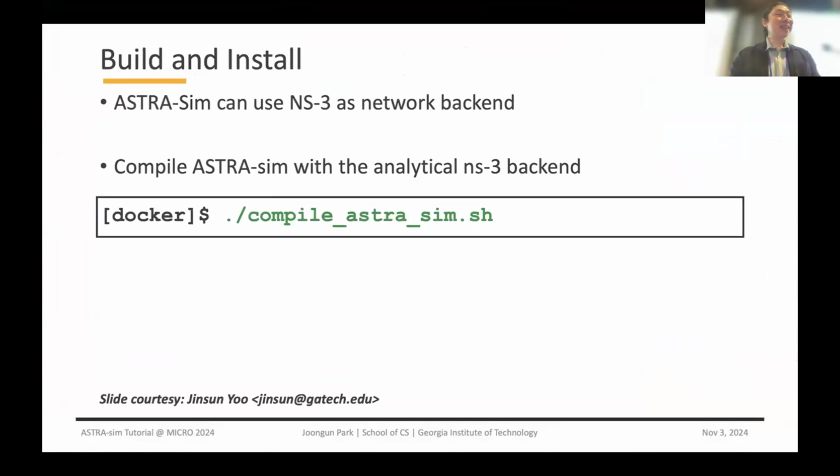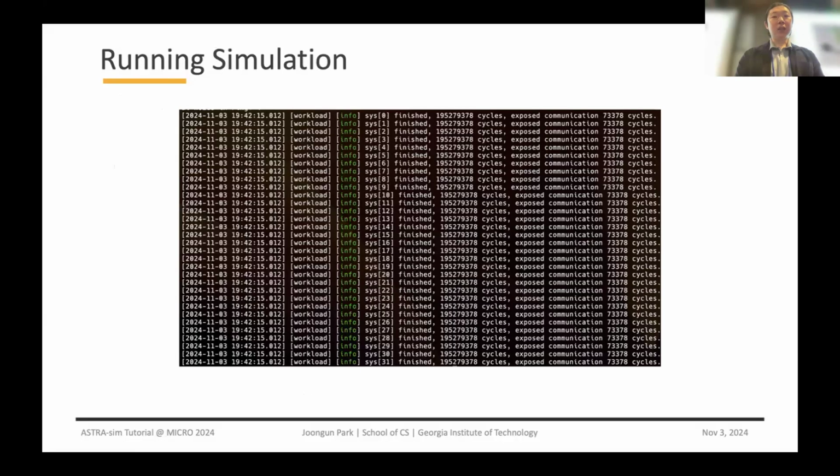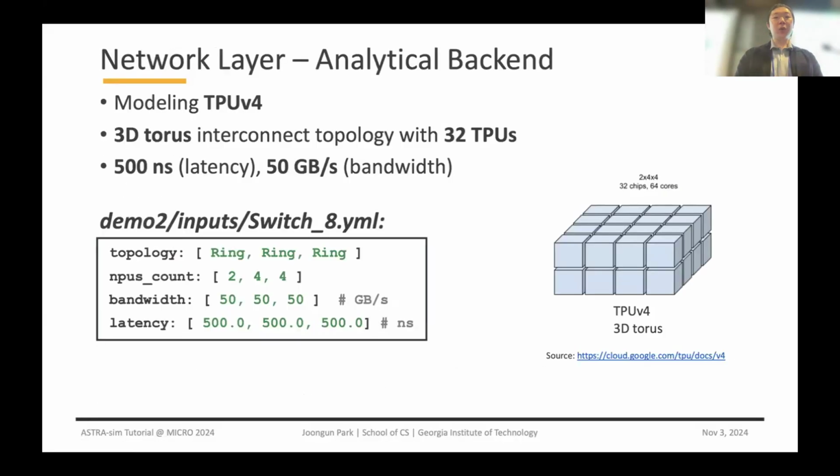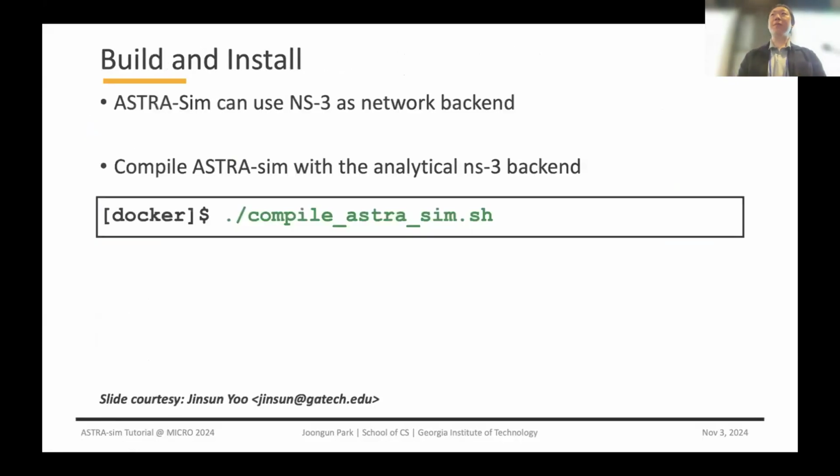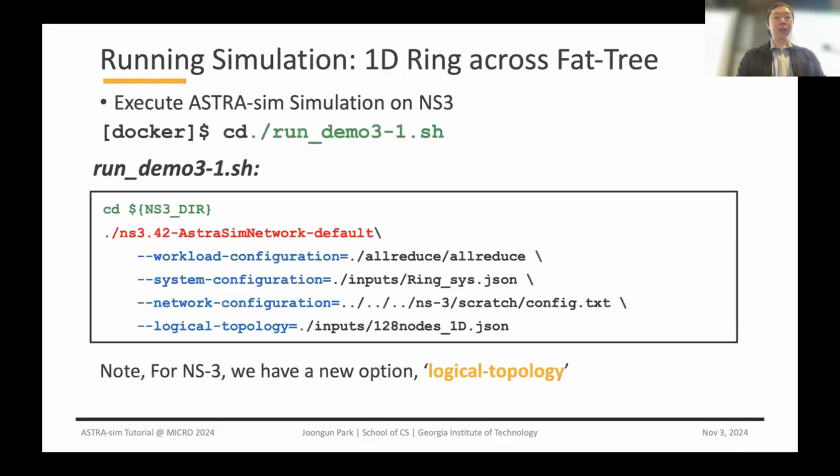So we also have the NS3 network backend. In the previous demo, we used the analytical backend, but using NS3 can also be applicable. But in this demo, because it takes longer than analytical modeling, we're not going to show it in detail.